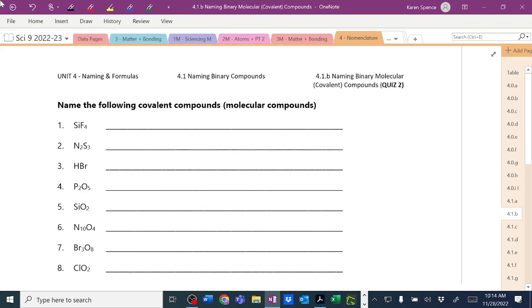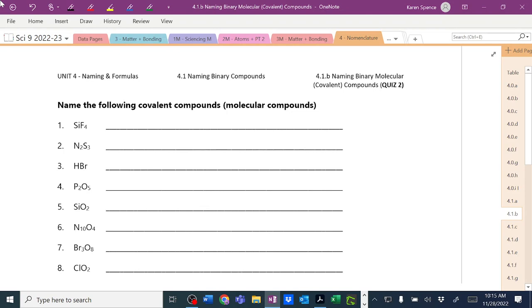Okay, and then for the second part, these ones here, first of all, you need to memorize these prefixes so you know which one means which thing. And these ones, instead of just writing the name and changing the second ending to "ide," you also need to use these prefixes like we were talking about today.